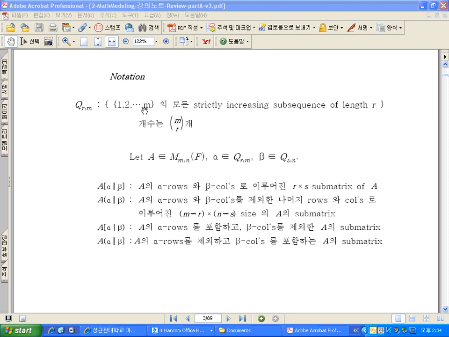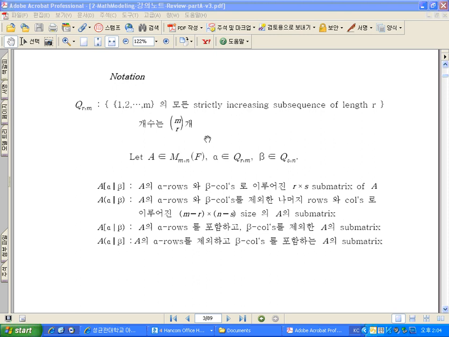The cardinality of each element here is r, and the cardinality of this set itself is m choose r, because we are choosing r numbers from the integers from 1 to m.